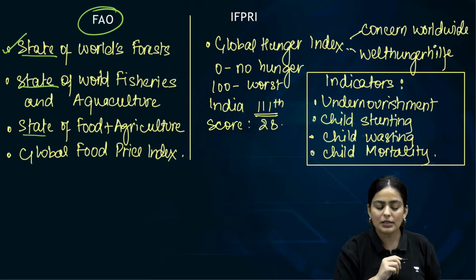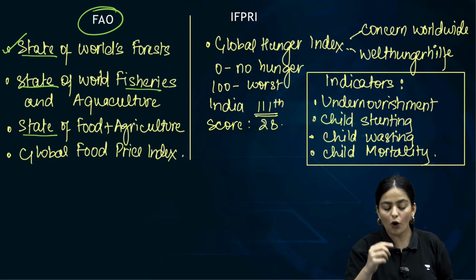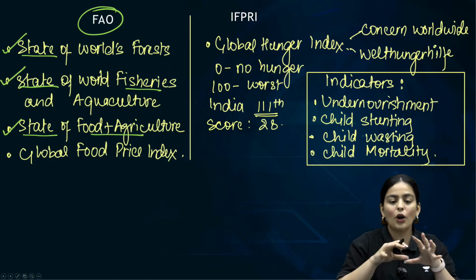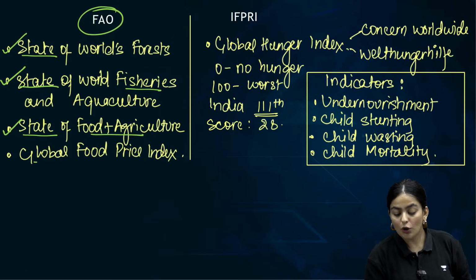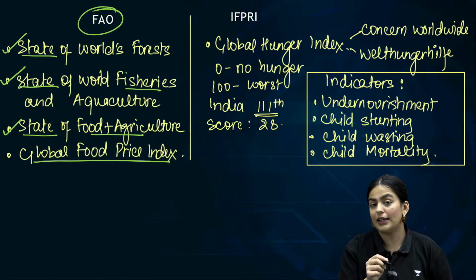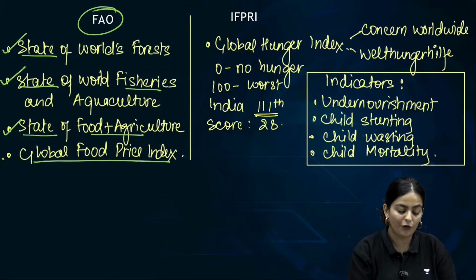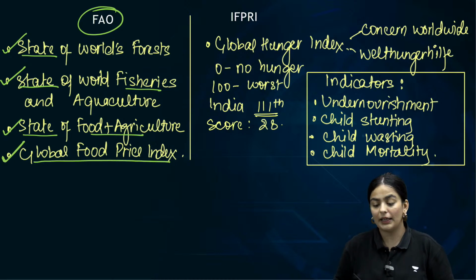State of the World's Forests, State of World Fisheries and Aquaculture, and State of Food and Agriculture. It's easy to remember when they are all put together. Clear? And the fourth is important, the Global Food Price Index. The Global Food Price Index is launched by FAO. It is not by IFPRI.